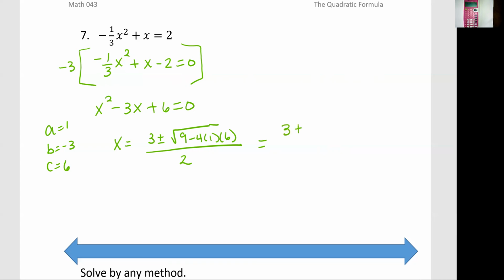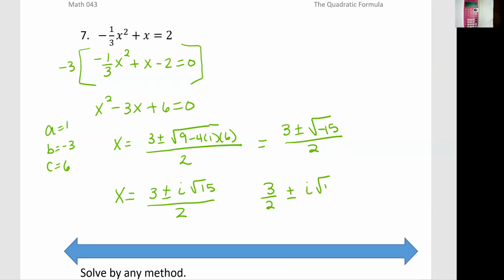So we have 3 plus or minus the square root of -15 divided by 2. We'll simplify the square root of -15. That will be i square root of 15 divided by 2. Again, if we want to write the real part, that's 3/2 plus or minus i square root of 15/2.